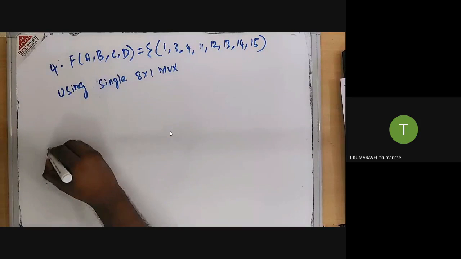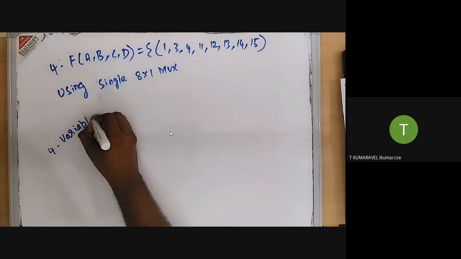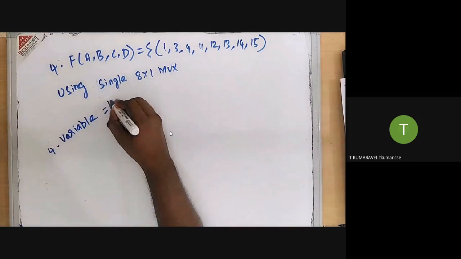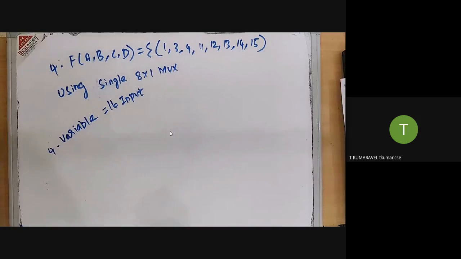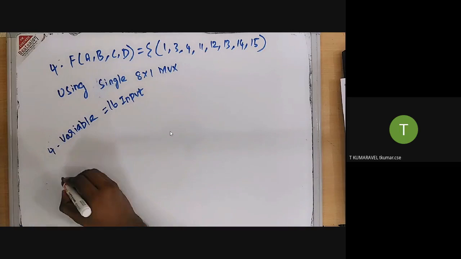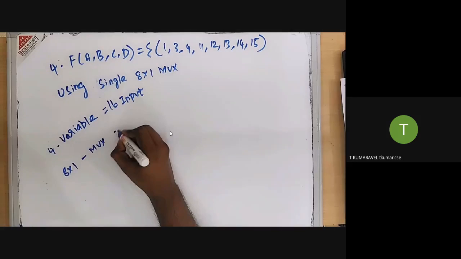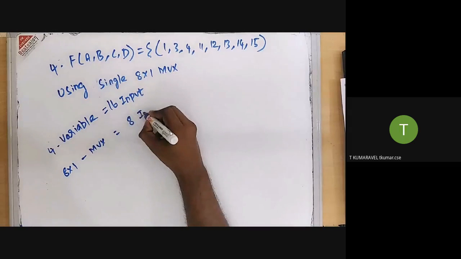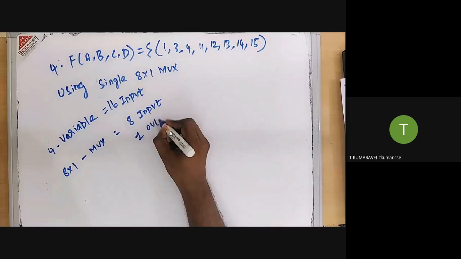A four variable function means 16 input combinations are available. But they said you want to implement that functionality using an 8 by 1 multiplexer, meaning it is associated with 8 inputs and a single output. How do you do that?